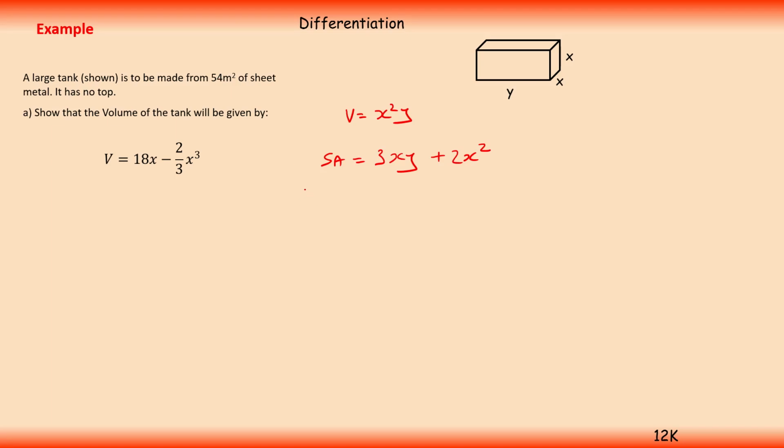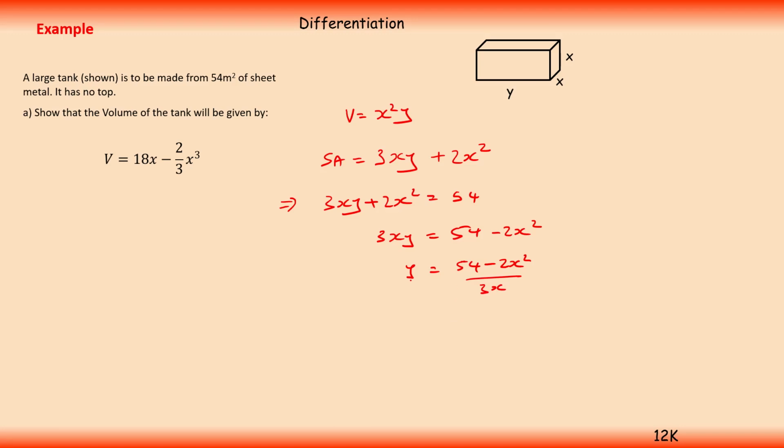So that implies then that 3xy plus 2x squared is equal to 54. So from this I can find what y is in terms of x. So 3xy is equal to 54 minus 2x squared, and so y is going to be equal to 54 minus 2x squared over 3x.